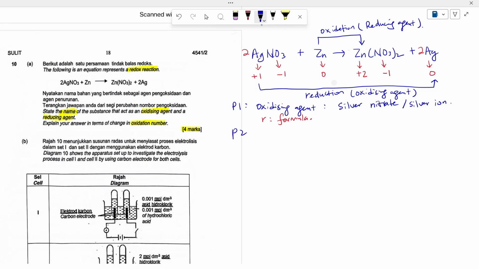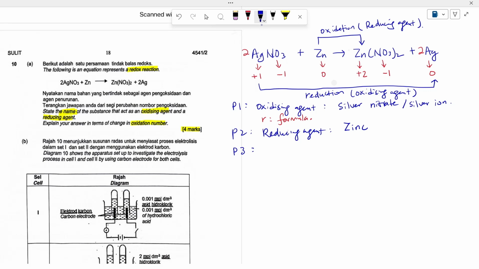Now point number 2, the reducing agent is zinc. So point number 3, why it undergoes oxidation, silver as an oxidizing agent.